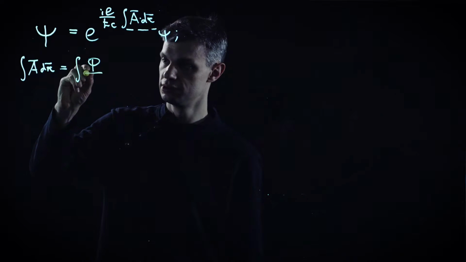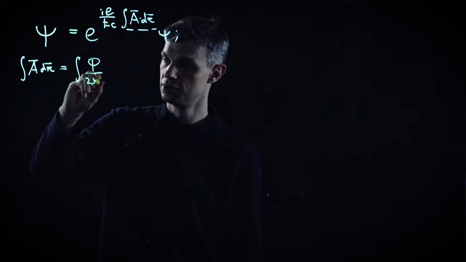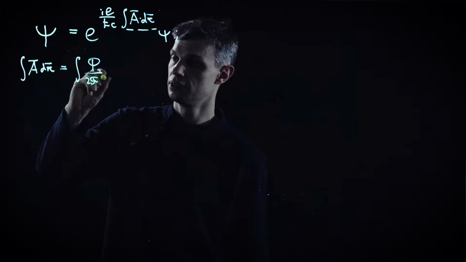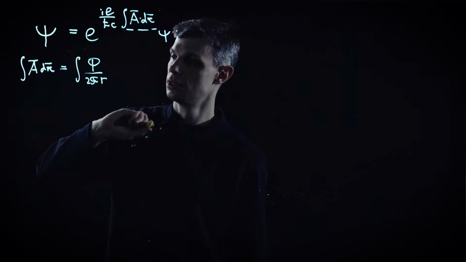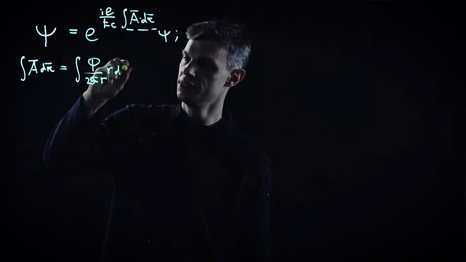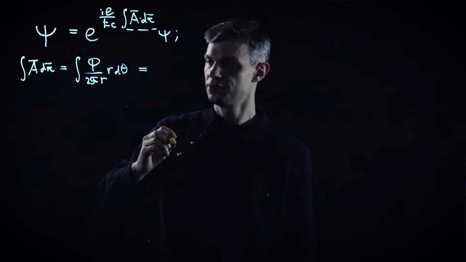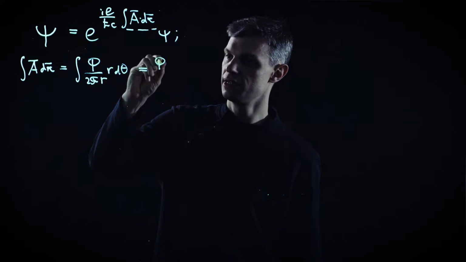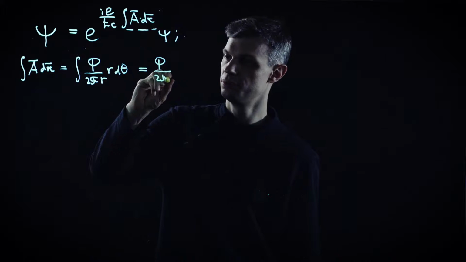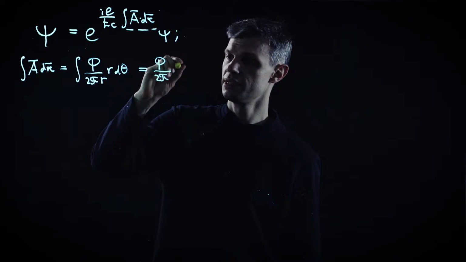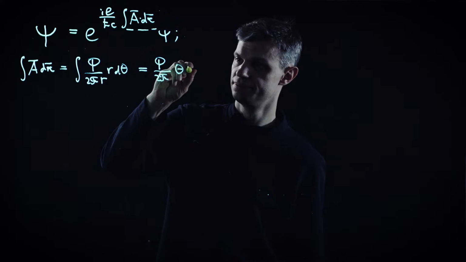phi over 2 pi r d theta, and the integral now will be simply phi over 2 pi times theta.